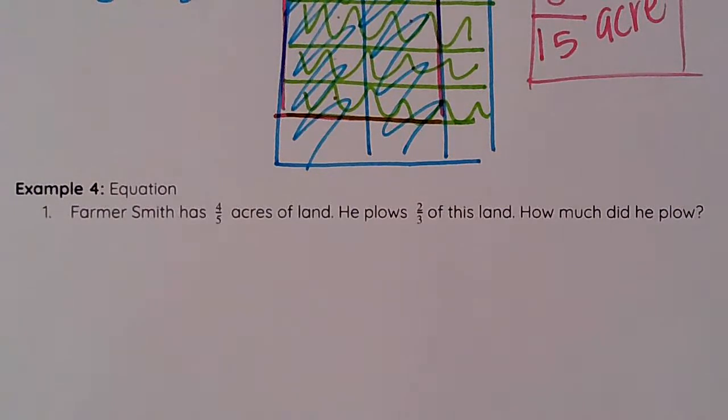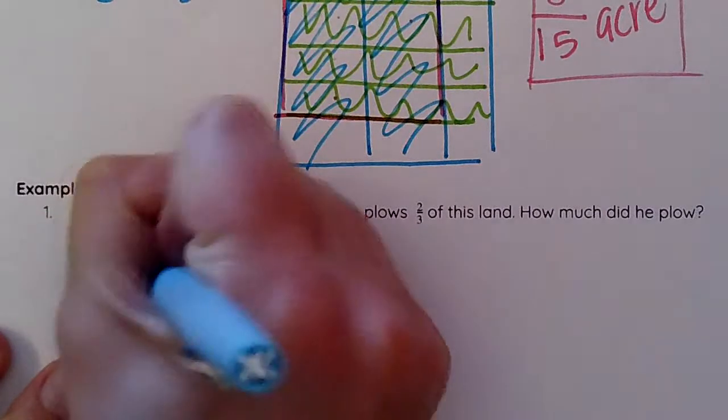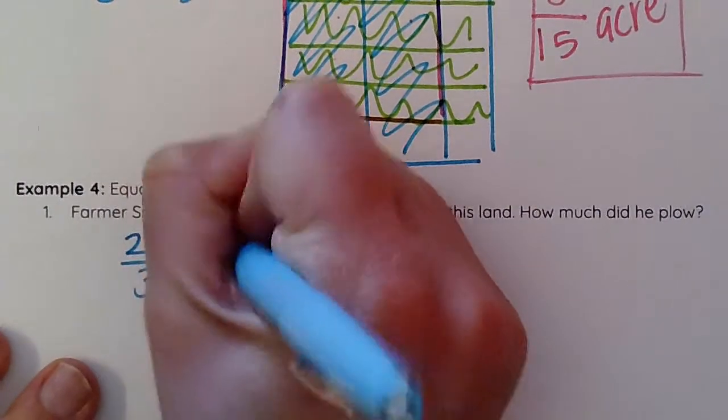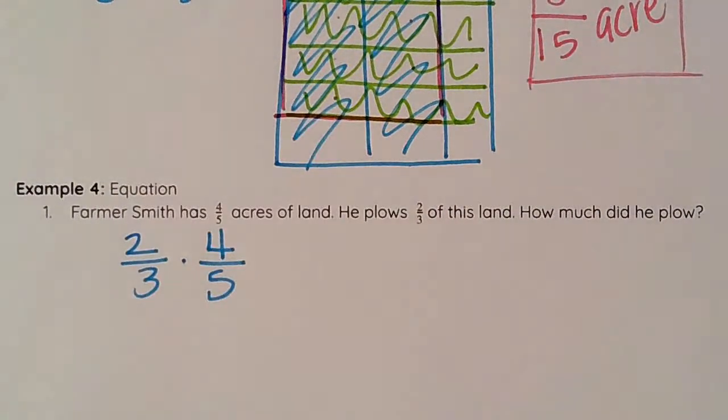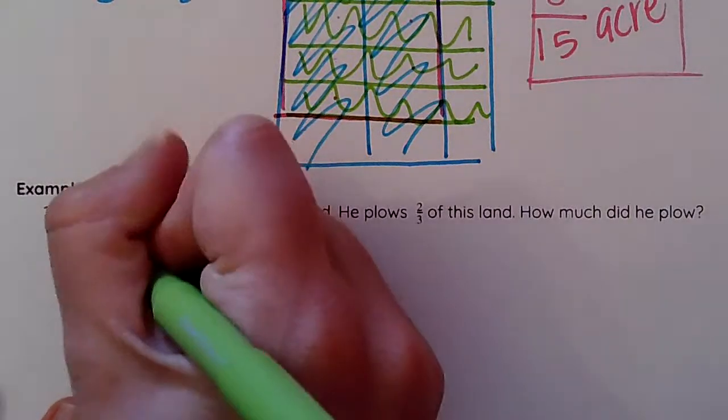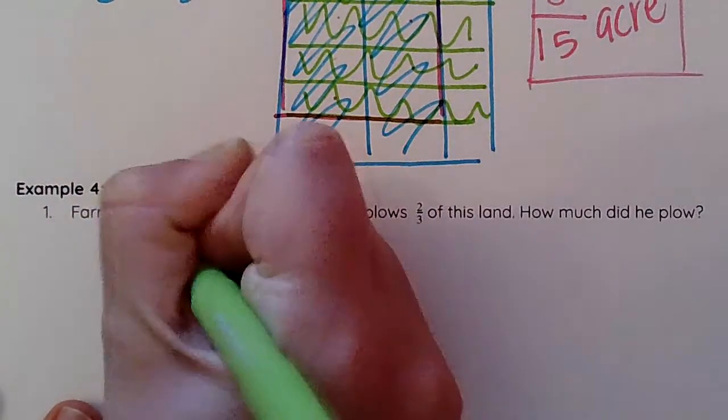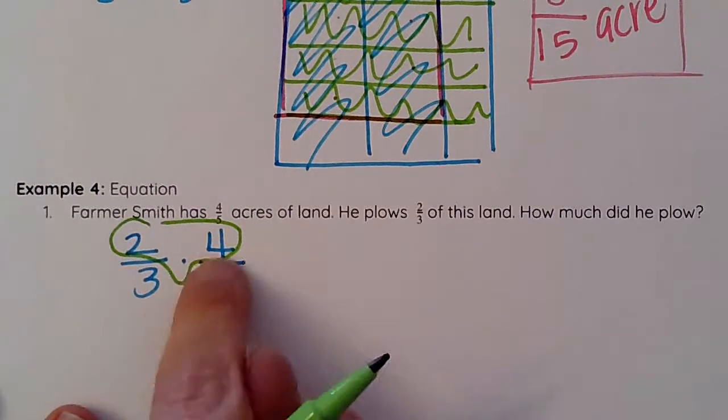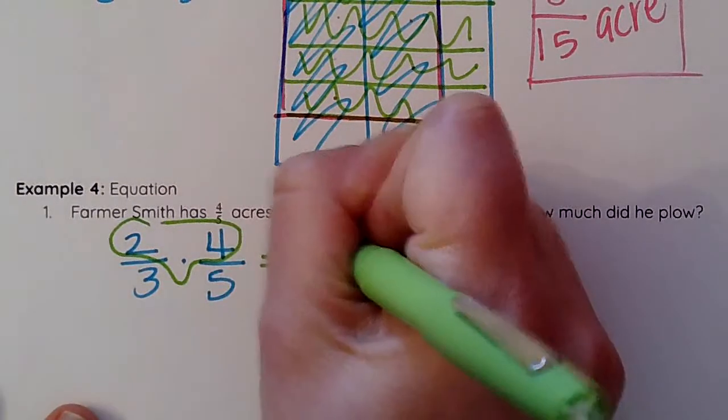So again, he plows 2/3 of his 4/5 acre. To multiply fractions, I simply multiply across. 2 times 4 equals 8.